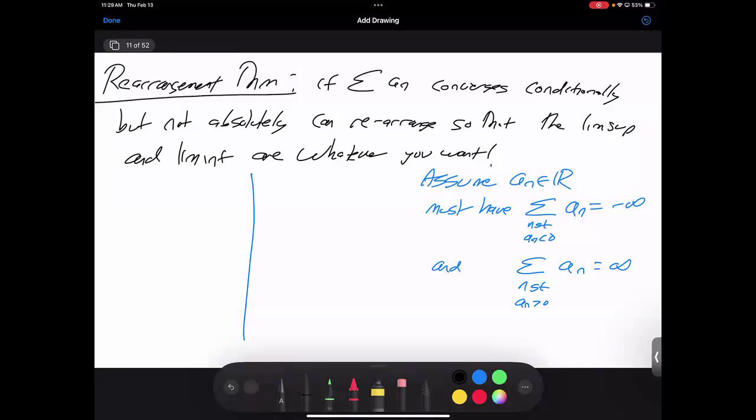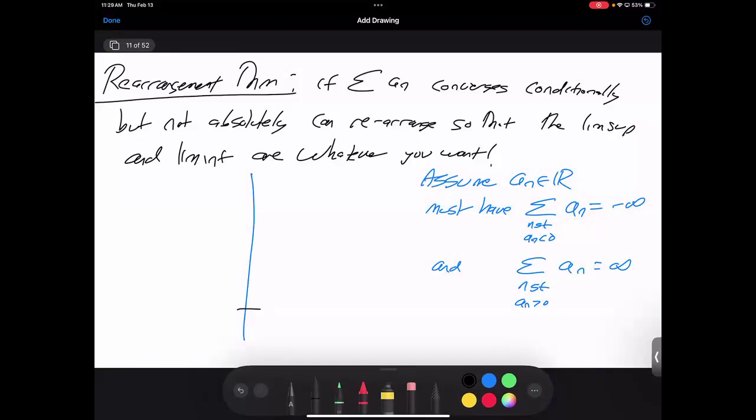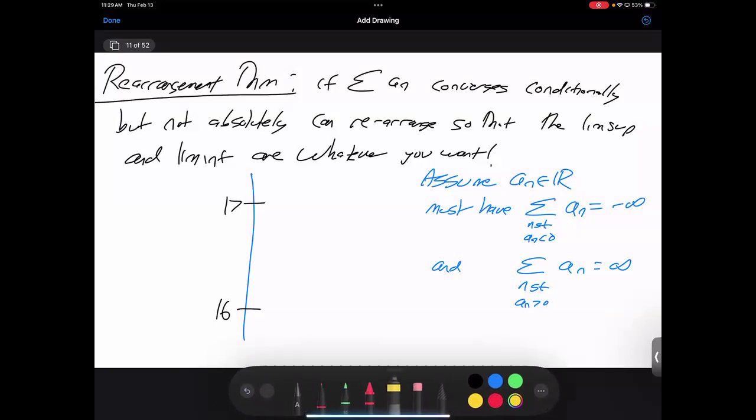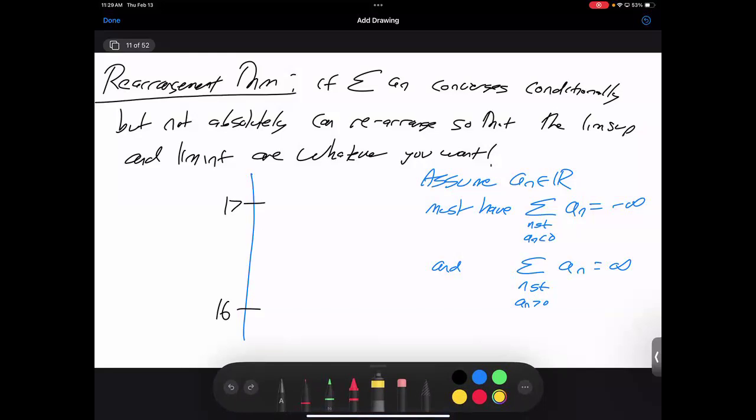So somebody give me a number that they like. 16. And I assume you chose 16 because it's 1 less than 17, which is a really good number, right? Somebody give me a number greater than 16. 17. So what we can do is we can keep adding terms until our sum first breaks 17.